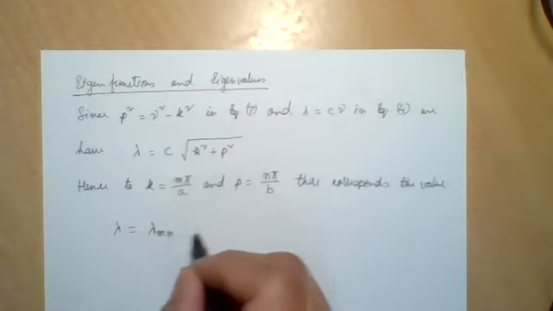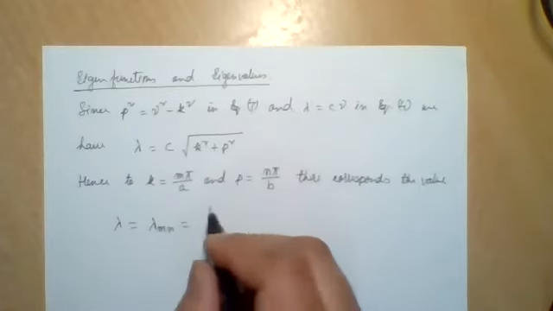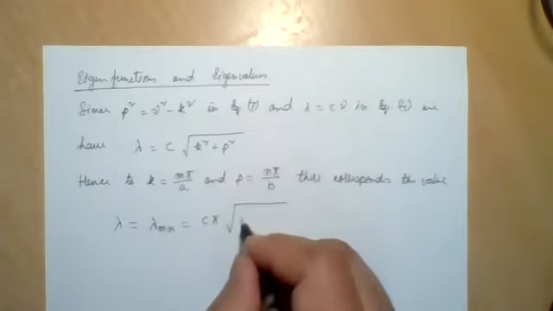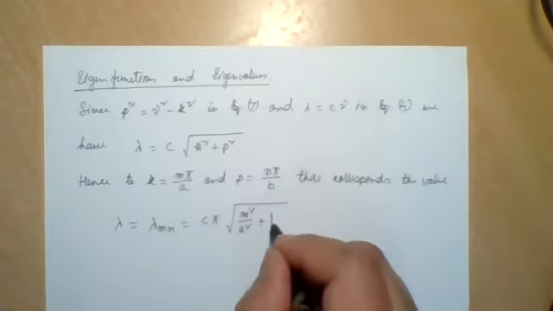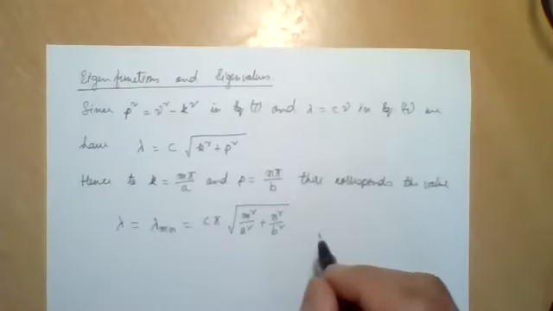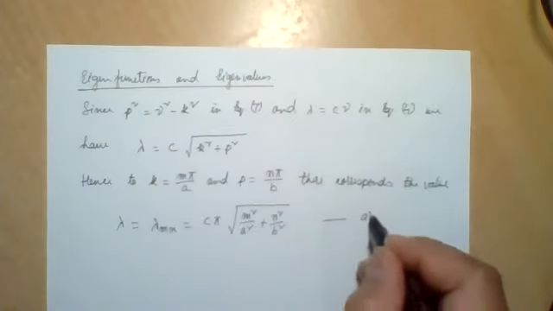So lambda mn is given by, I can take this pi outside, c times pi root over m square by a square plus n square by b square, where m goes from 1 to 3 and so on, n goes from 1 to 3 and so on. We call this equation number 9.